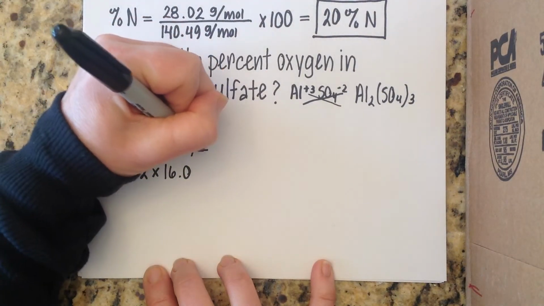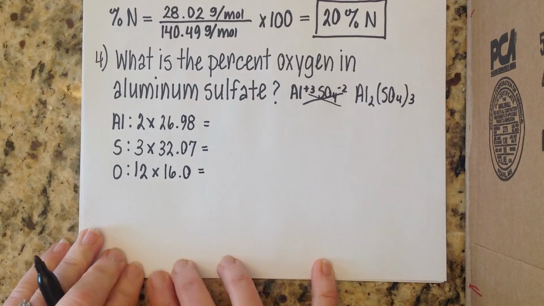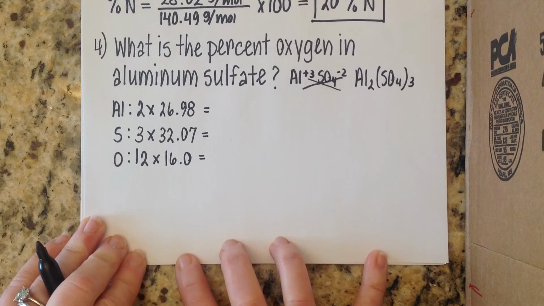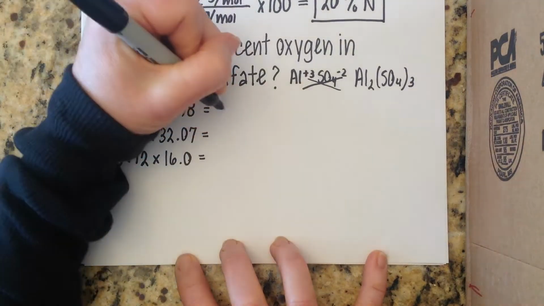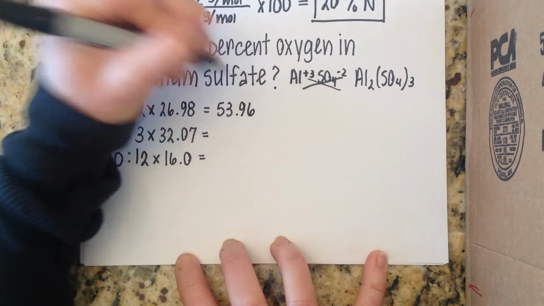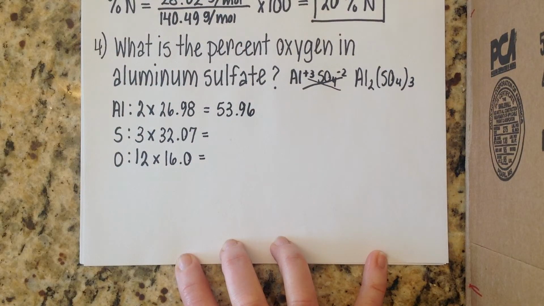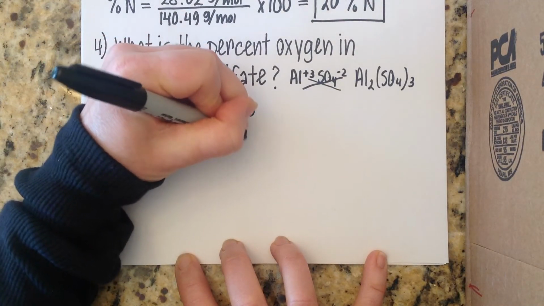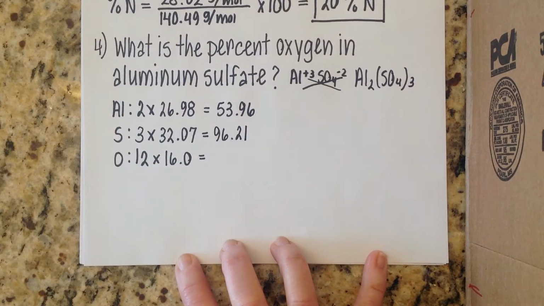Let's multiply it out. 2 times 26.98 is 53.96 grams per mole. 3 times 32.07 is going to be 96.21 grams per mole.